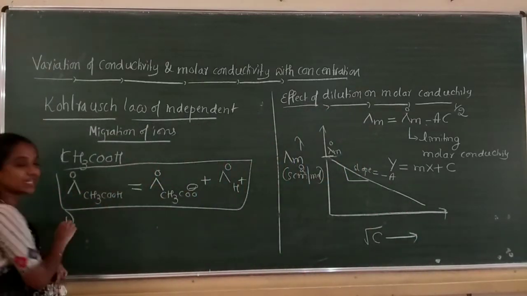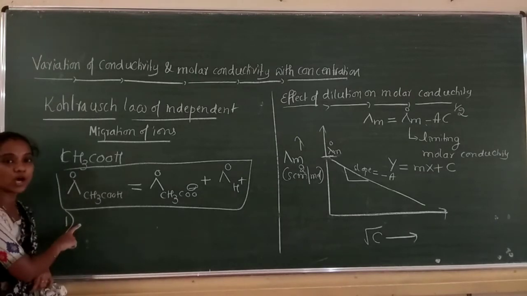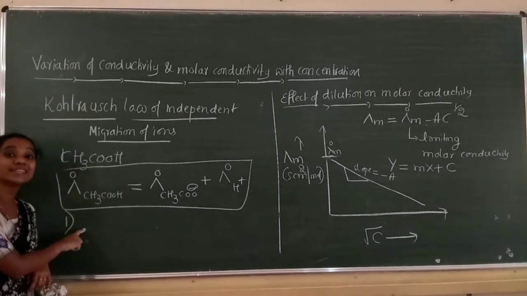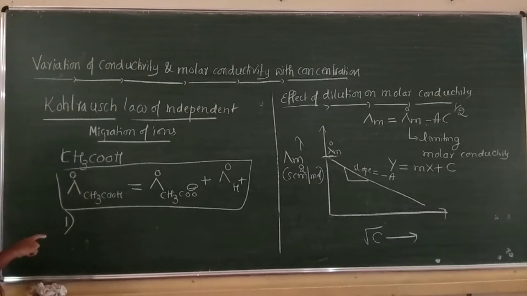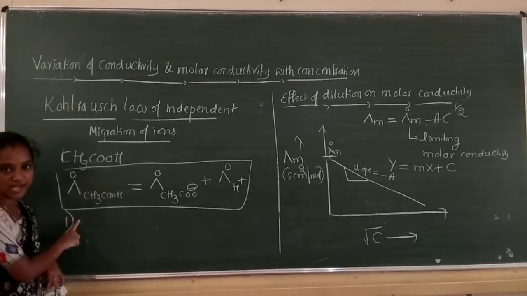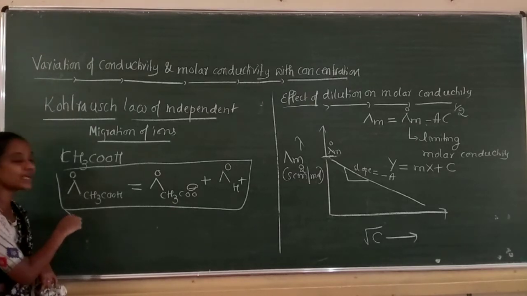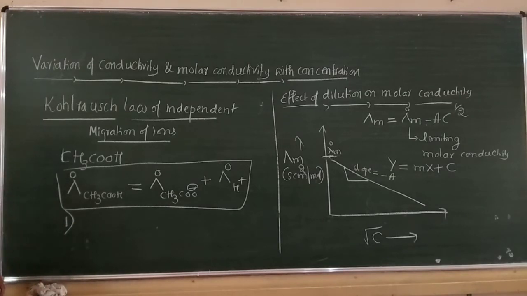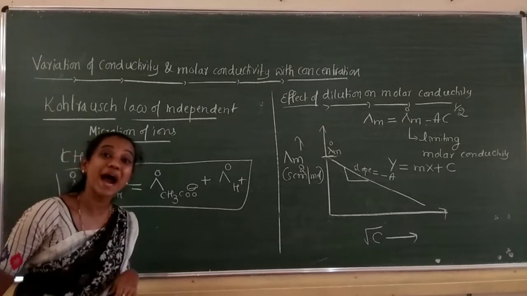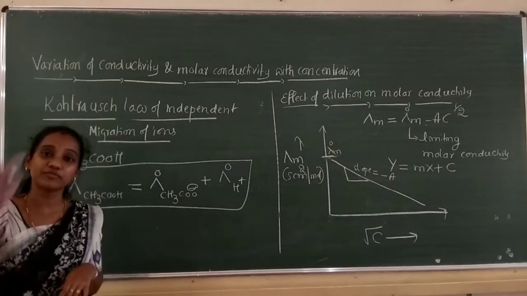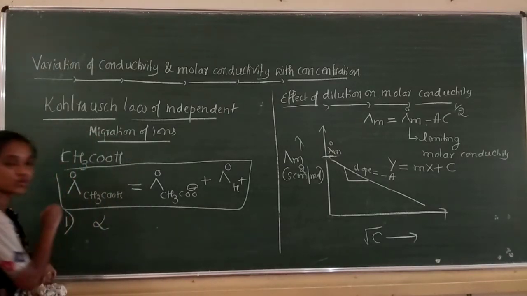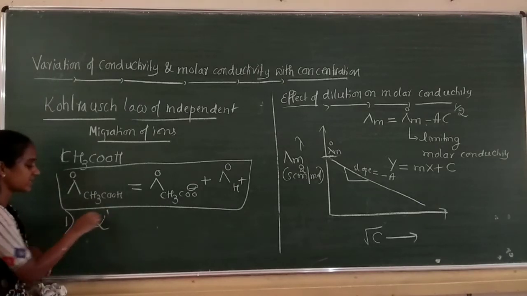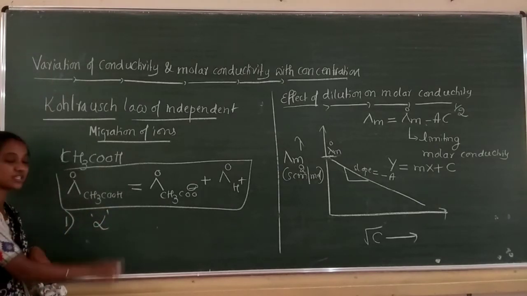What is the first significance or use of this law? Using Kohlrausch law, one can find out the limiting molar conductivity of weak electrolyte. The second application of this law: we know that weak electrolyte undergo only partial dissociation. So if alpha is the degree of dissociation that we have studied in your previous first year class, right?